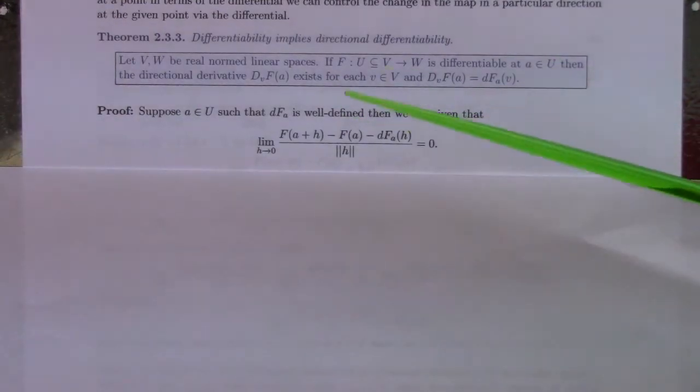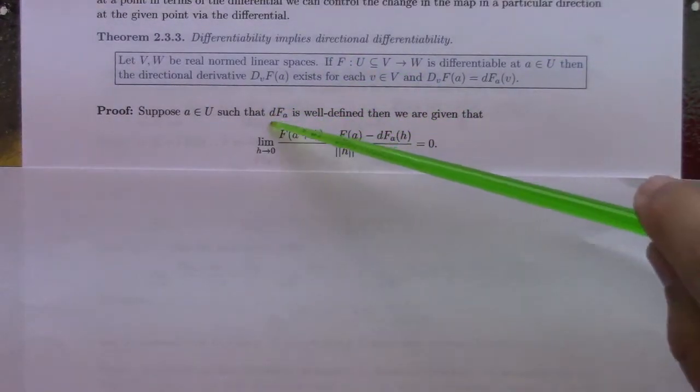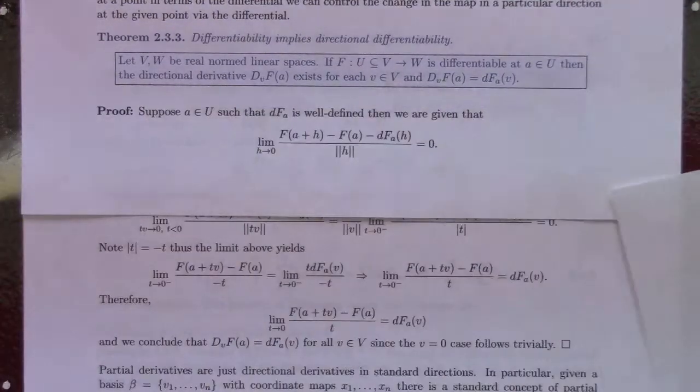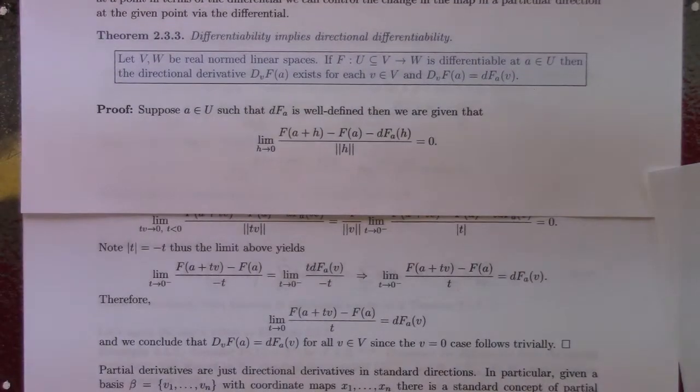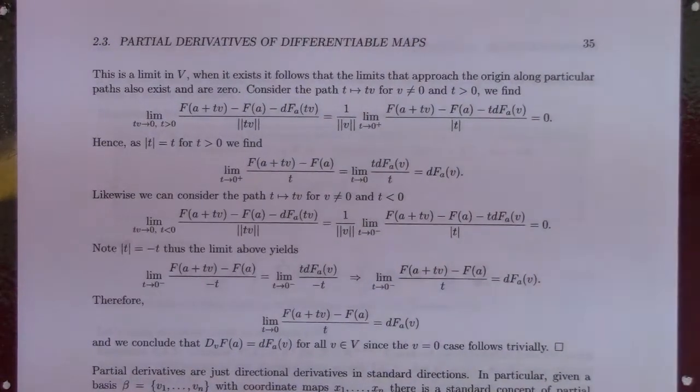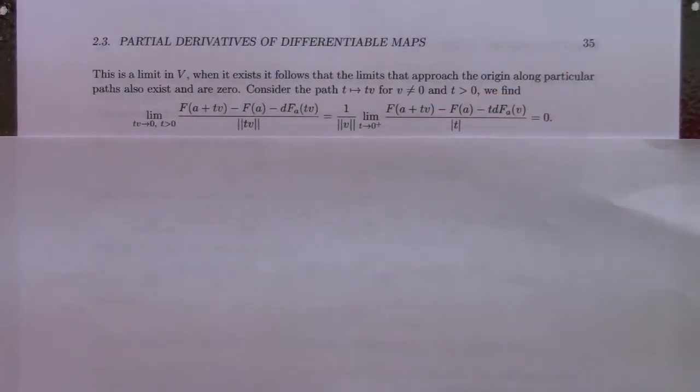First of all, if the function is differentiable, we have that this limit exists. This is a vector limit, right? But you can set h equal to tv for any path approaching the origin.